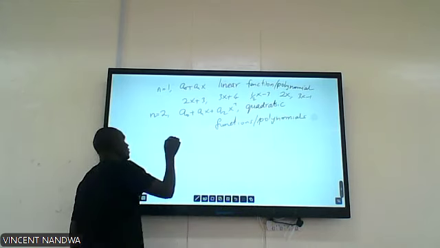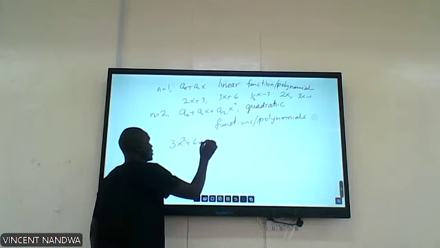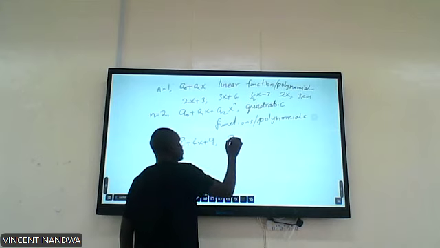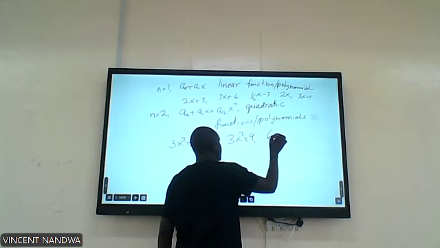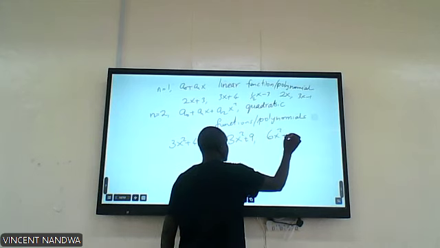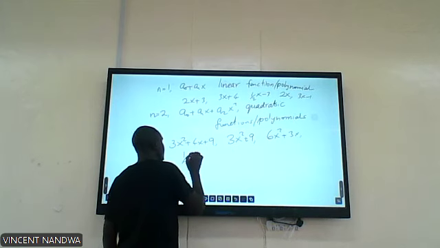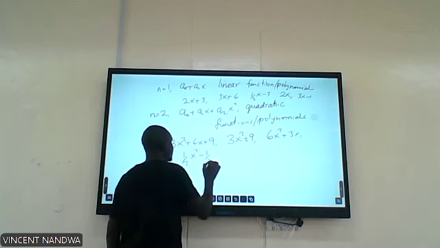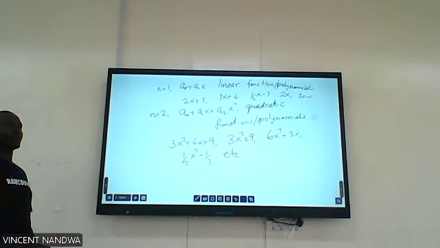So for example, 3x squared plus 4x plus 9, 3x squared plus 9, 6x squared plus 3x, say x squared minus a third, etc. If the highest power is 2, I have that.